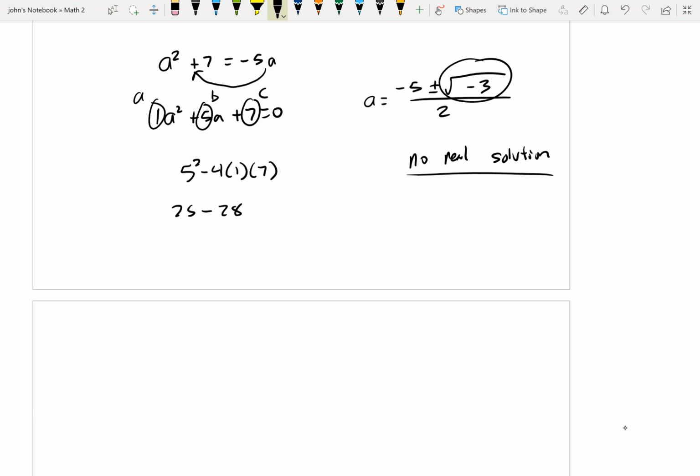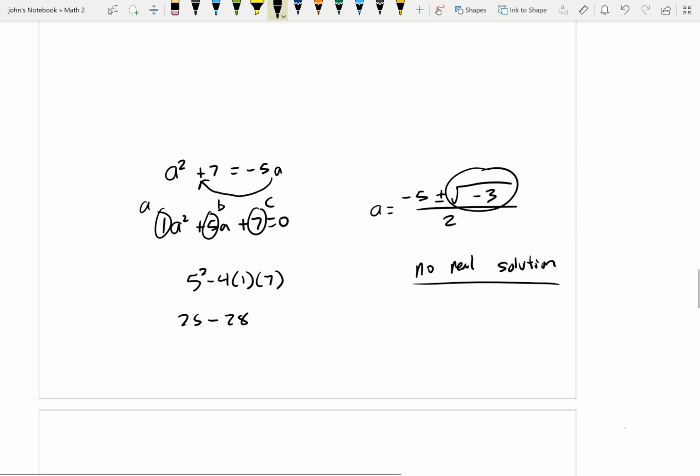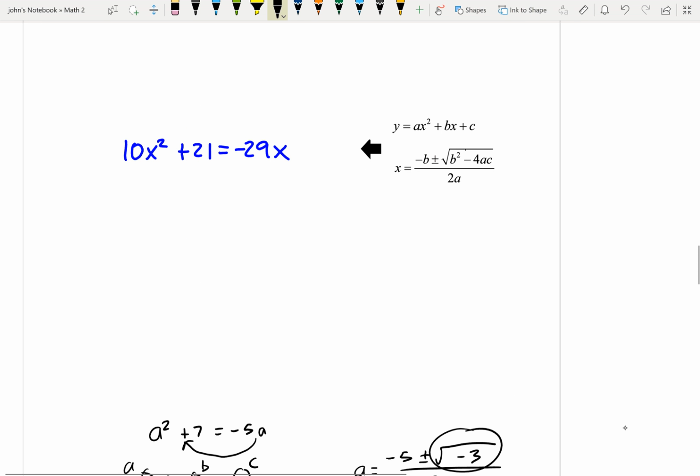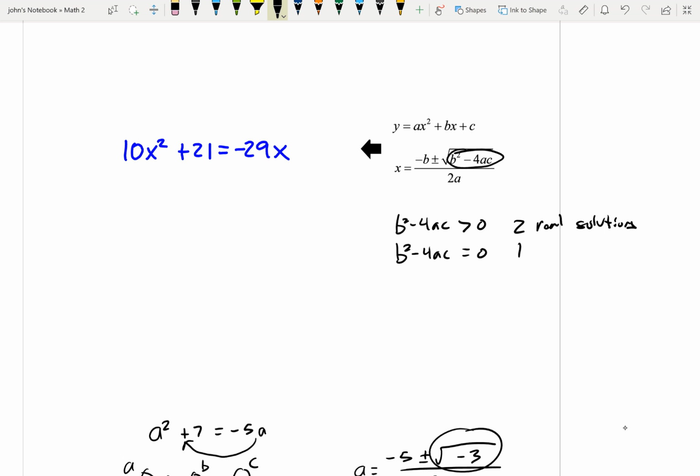So you see these three different cases. That b squared minus 4ac, this part right here is really important. If it comes out to be greater than 0, you're going to have two real solutions. Those are like the first two examples we did. If that discriminant, that inside, comes out to be equal to 0, you're only going to have one real solution.